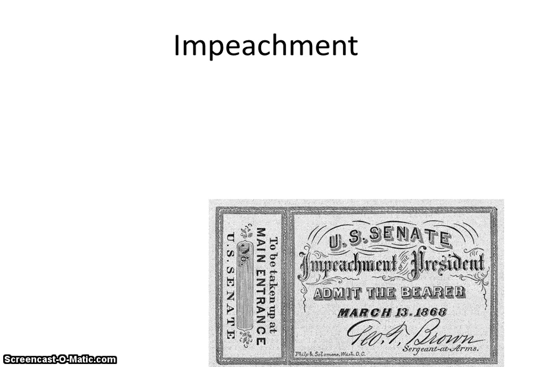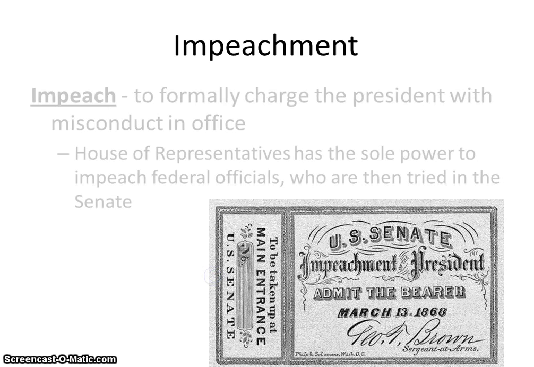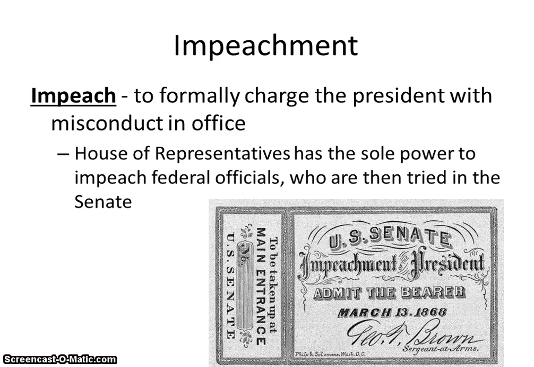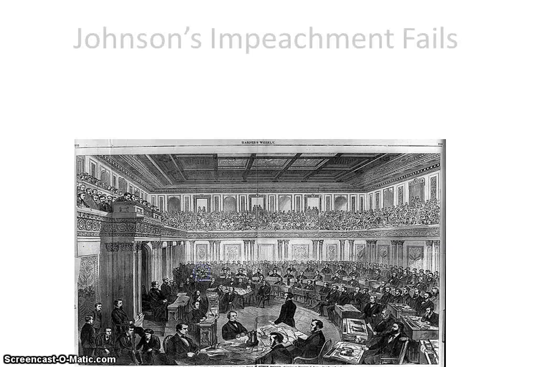Okay, so we've been talking a lot about Johnson, and he and Congress, they're just butting heads. They can't get along. And so Congress formally impeaches Johnson. They charge him with misconduct in office. And only the House of Representatives has this sole power to do that. And then the person is then tried like a court in the Senate.